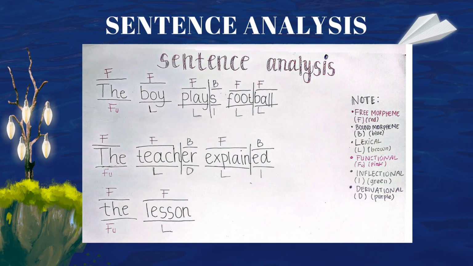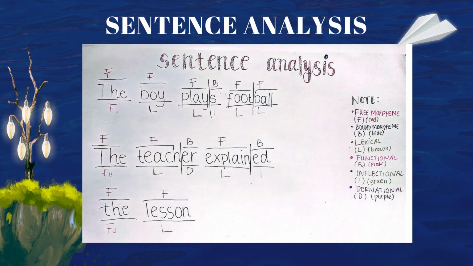Now, let's look at the second sentence. The teacher explained the lesson. The is a free morpheme and a functional morpheme because the is a determiner and determiner is included in functional. Teacher, we split it into teach and er.